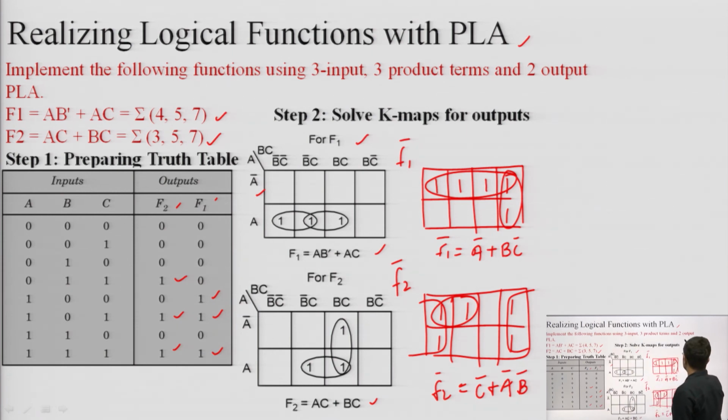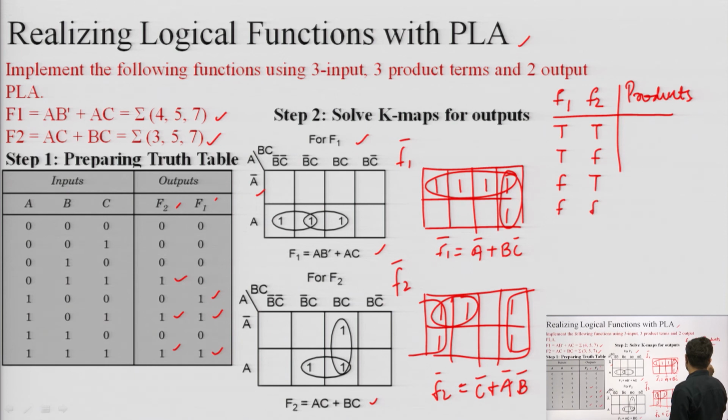Between F1 and F2, I have to check the products. If I take F1 in true form, there are cases: both are true, or F1 is true and F2 is false, where false means the complemented output, or F1 is false and F2 is true, or both are false.